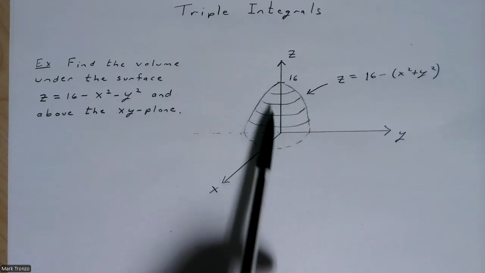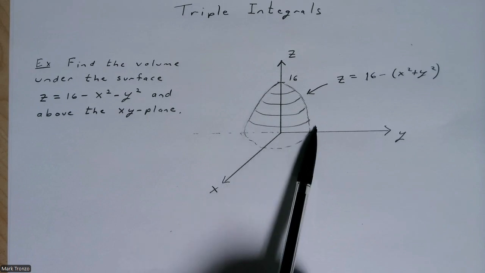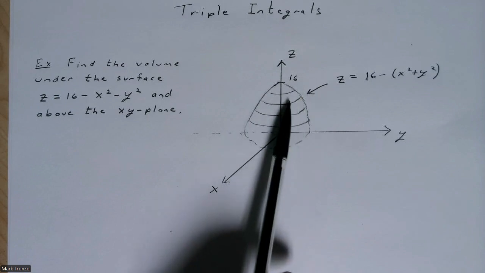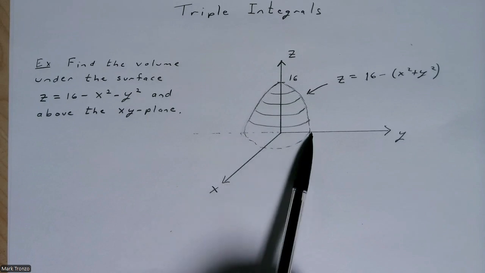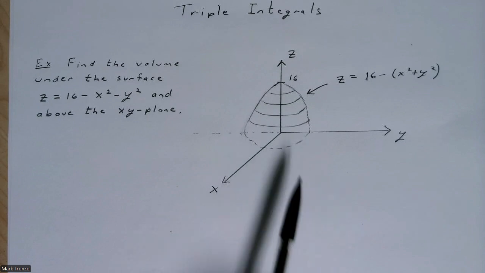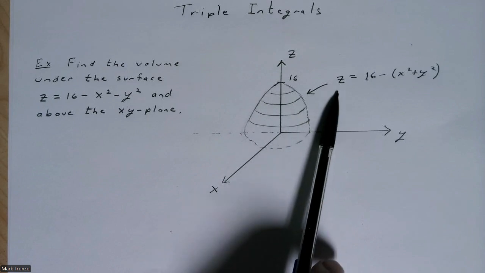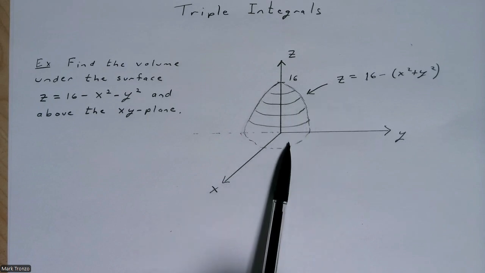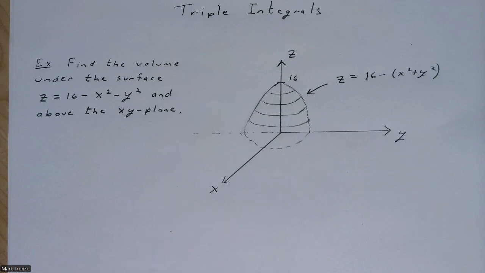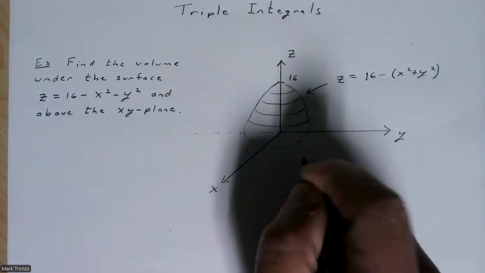And when we see our surface here, to find the domain in x and y, we're going to have to find out where this surface intersects the xy plane. And we can find that by setting z equal to 0, because when z is 0, our surface is in the xy plane. So let's do that.